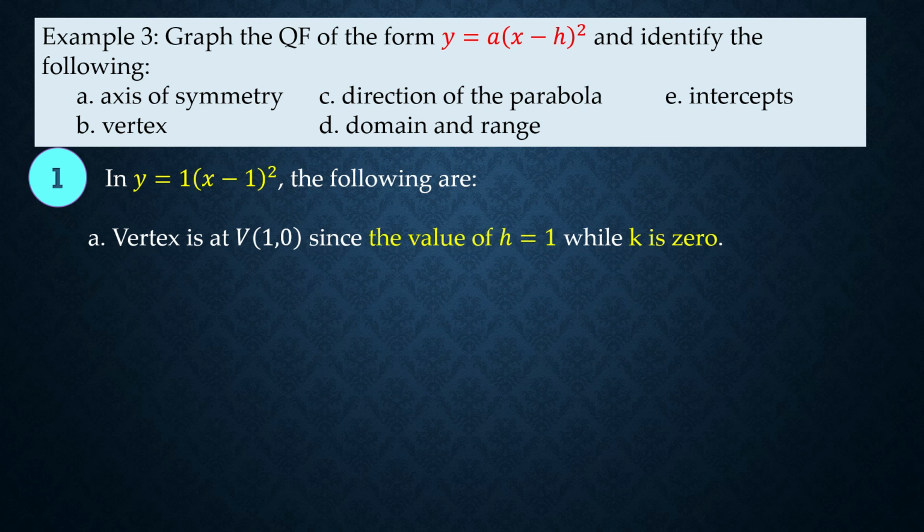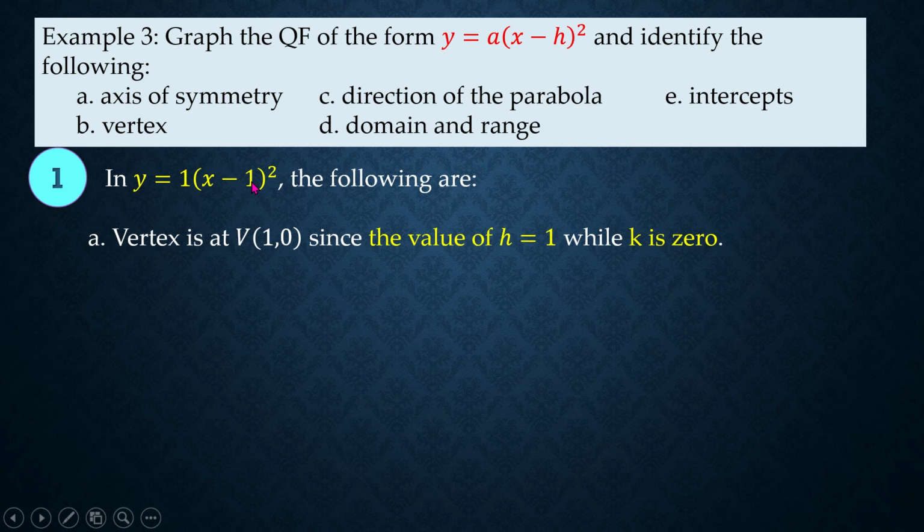To identify the following, first, the vertex. Earlier, it was plus k, y equals ax squared plus k. Here, the value is for h, not k. Therefore, the vertex is at 1, 0, since the value of h there is 1. If you look at it, it is x minus h, and in the given equation it is x minus 1.